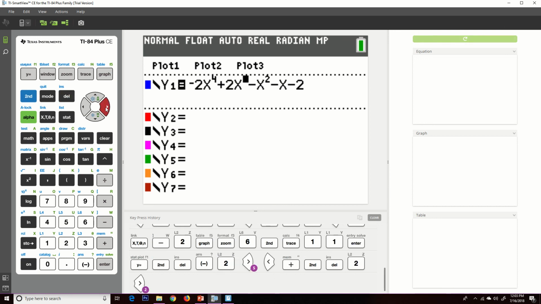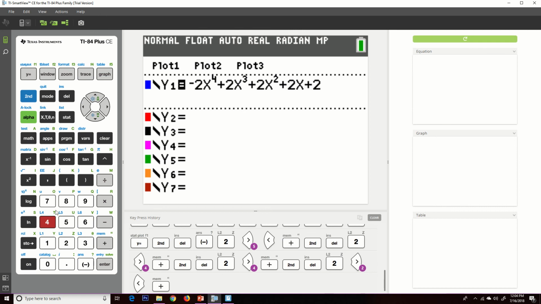We'll come over to here, make this a plus, insert a 2, come over to here, make this a positive, insert a 2 there, and then finish it off with a plus 4.